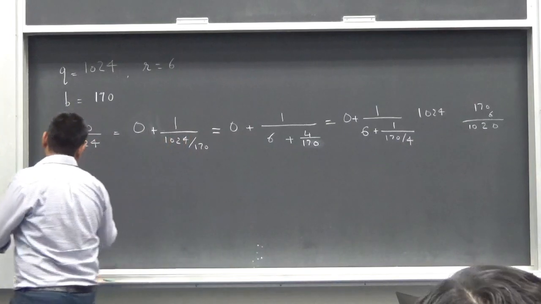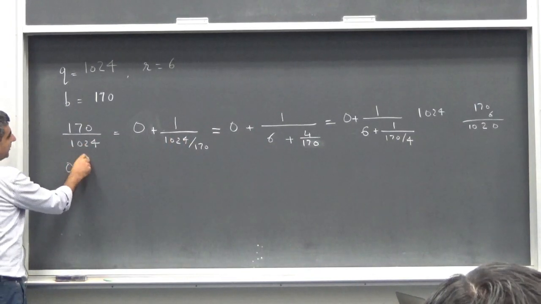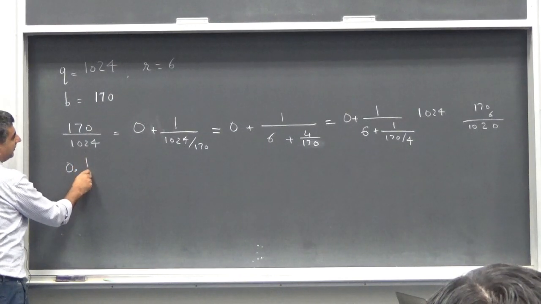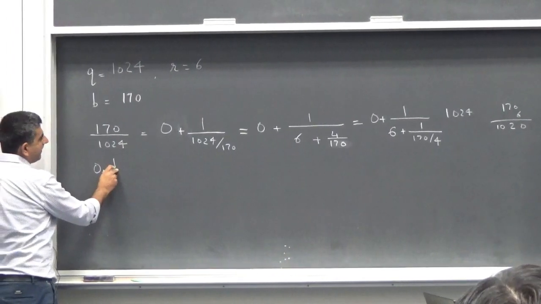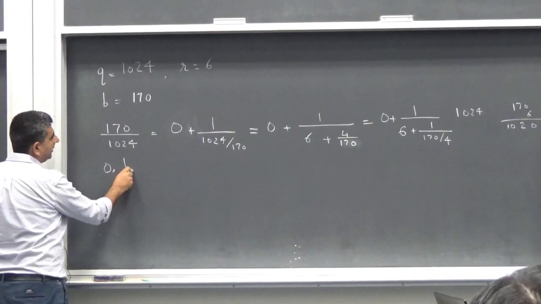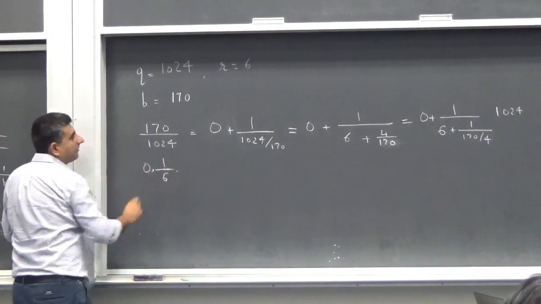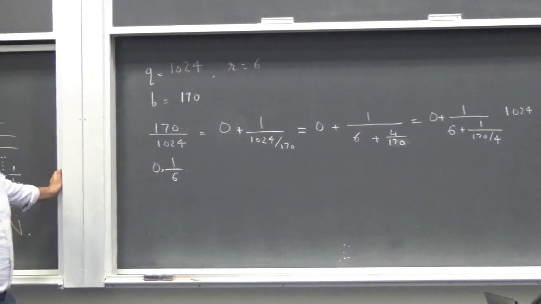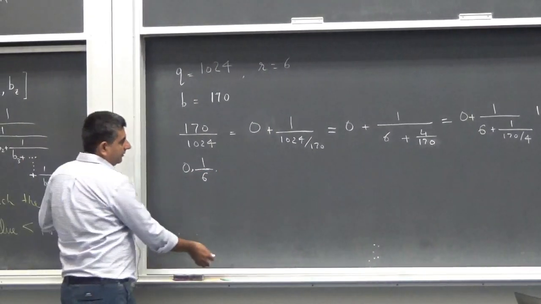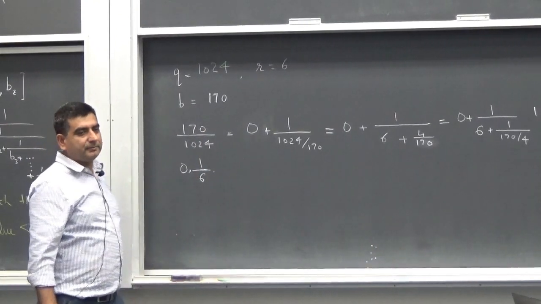But the first convergent is 0. The second convergent is 6. It's actually the convergent is 1 over 6. And so on. We have to continue up to the point where the numerator becomes zero. Right.